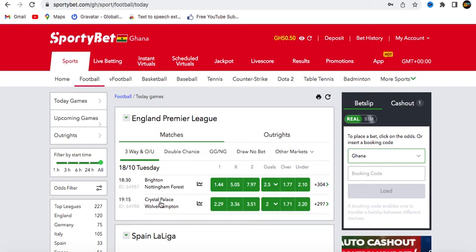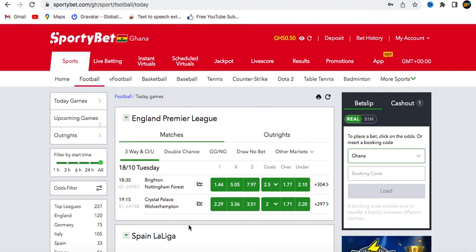Let's say the first match that we are predicting for today, or using for the analysis, is Brighton and Nottingham Forest. So first step, before you can predict for correct score, you have to check the total goals that both teams are scoring at the end of the day.